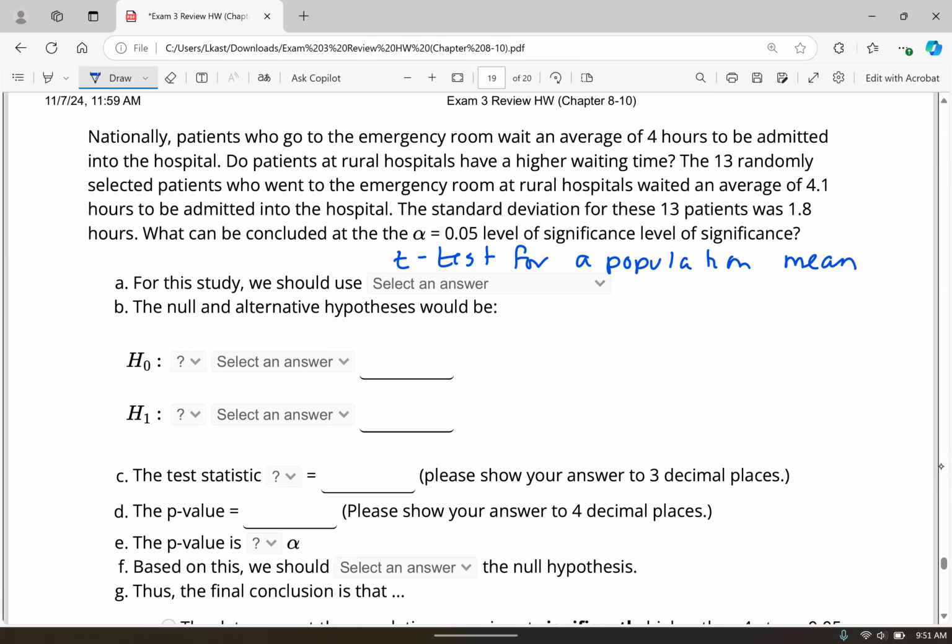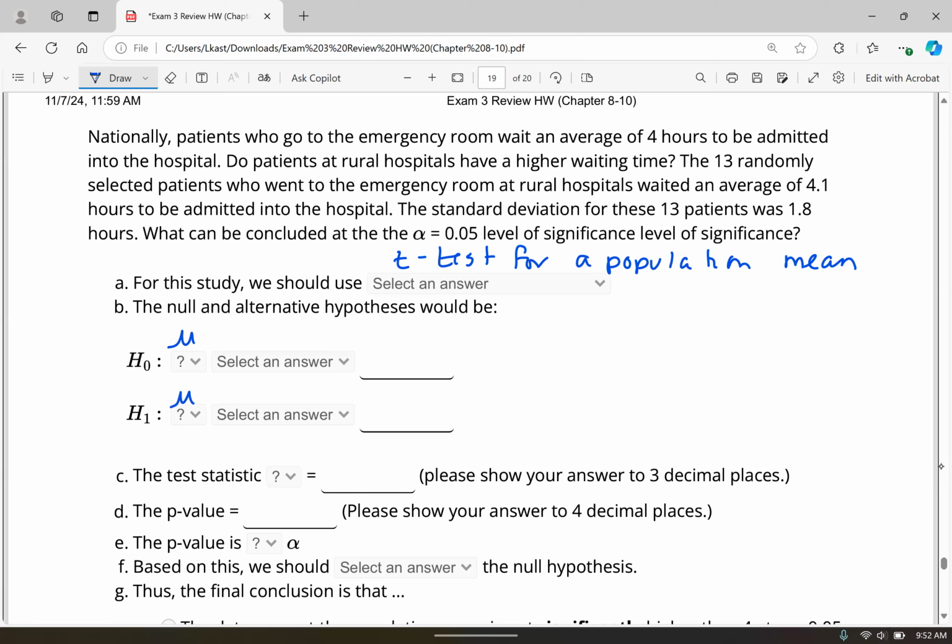Okay, so what is my null and my alternative hypotheses? So it is mu, right? Because we're talking about means.